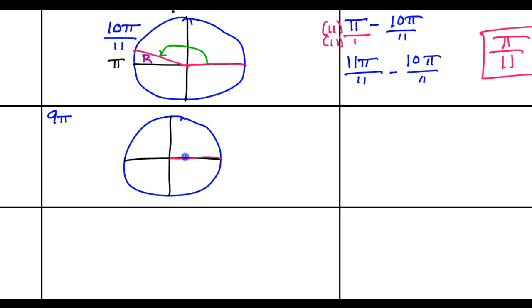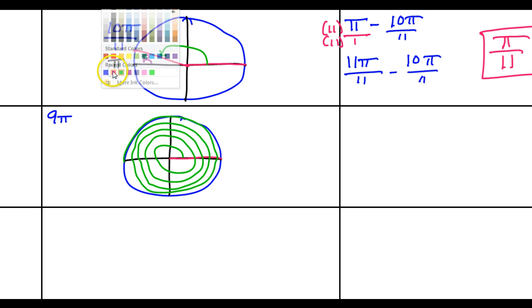So let's just count it out. If I go from here to here, that's 1 pi, 2 pi, 3 pi, 4 pi, 5 pi, 6 pi, 7 pi, 8 pi, and 9 pi. That is crazy.